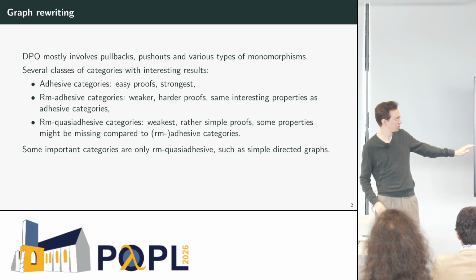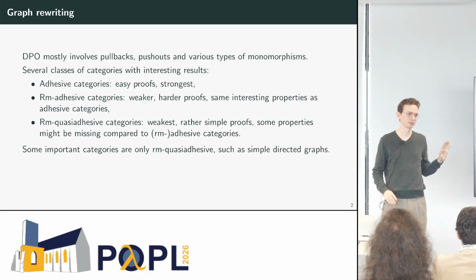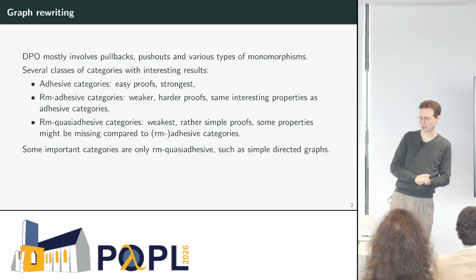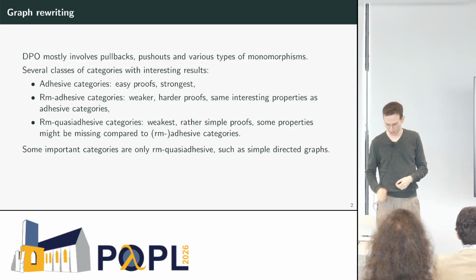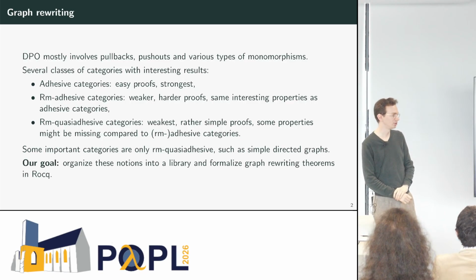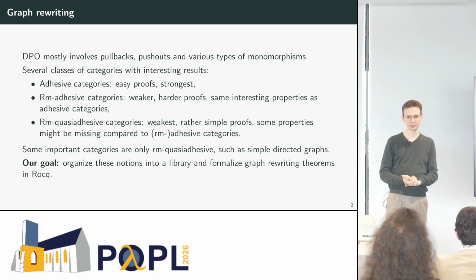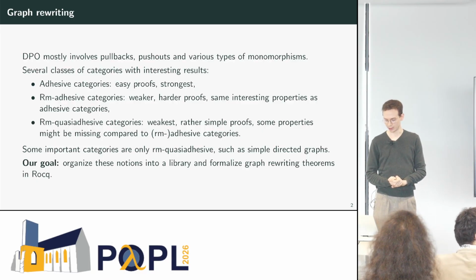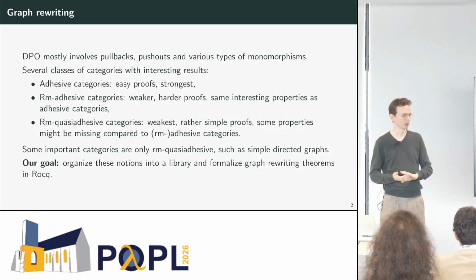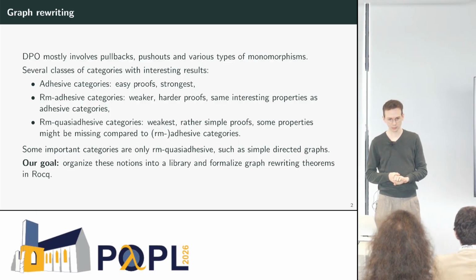However, it's still important because some usual categories of graphs are only RM quasi-adhesive, such as simple directed graphs. So our goal is to organize these notions into a library and formalize some major graph rewriting theorems.